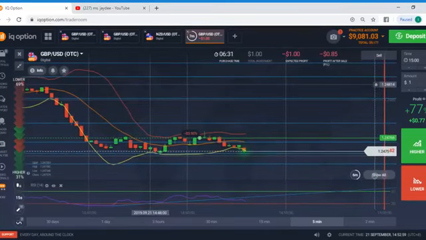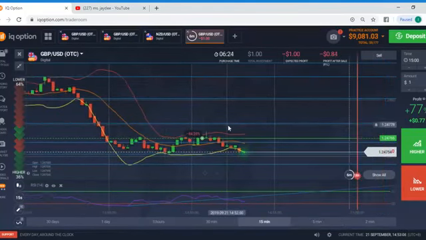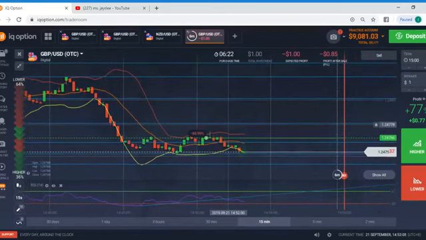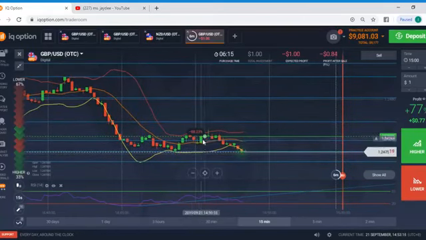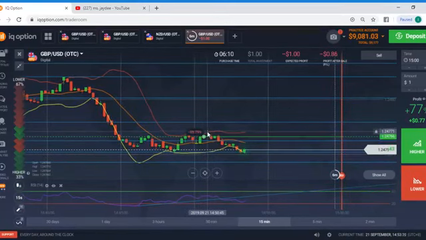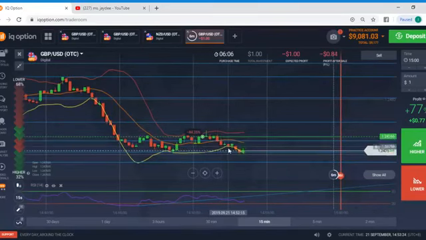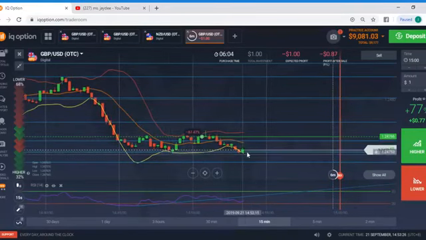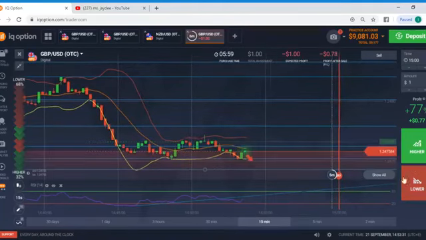But what you're seeing right now is just a practice session with me, and this is how I use my Bollinger Band in my trades. Currently it's doing some sideways movement. I was not able to take profit when the price reached this level, and it broke that now. It looks like it is respecting this support that we have, and it will eventually go back.